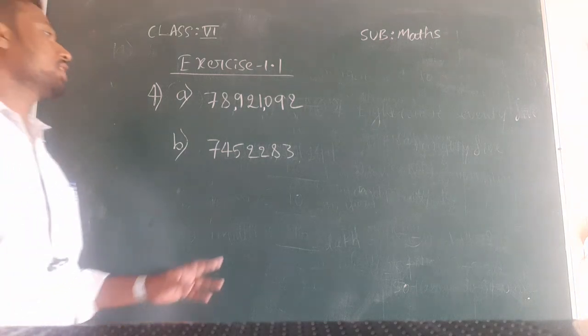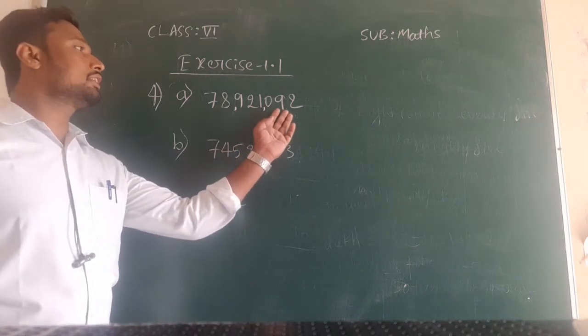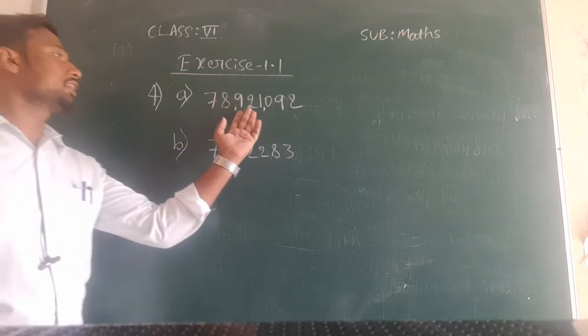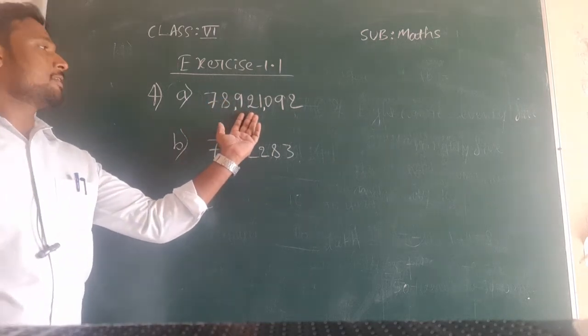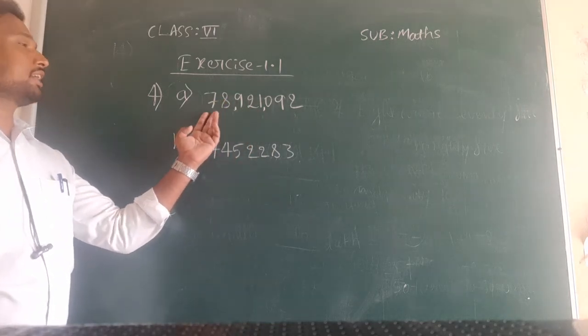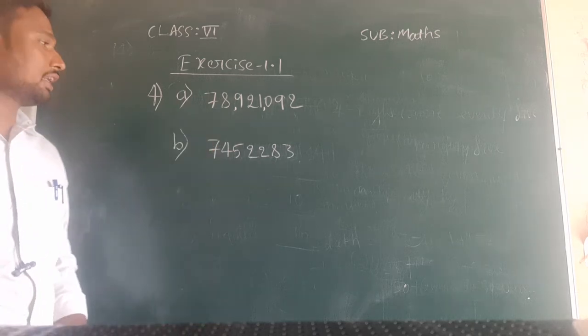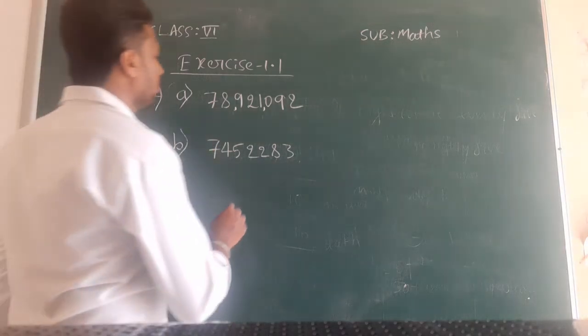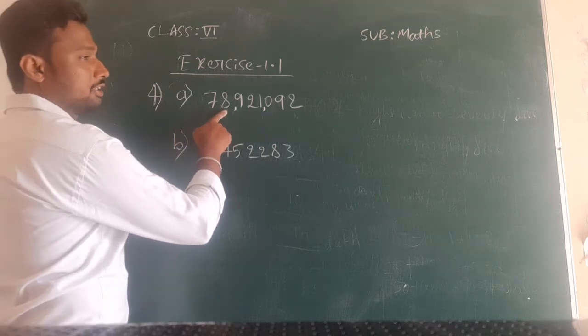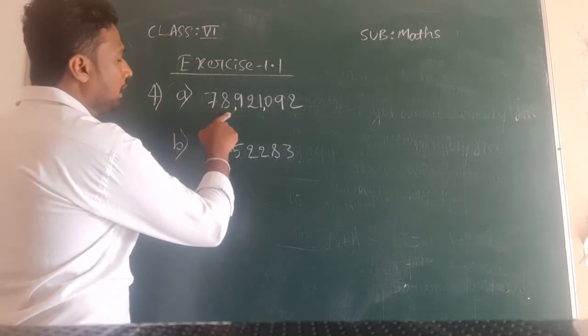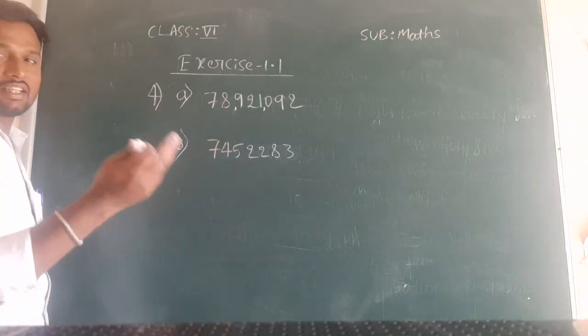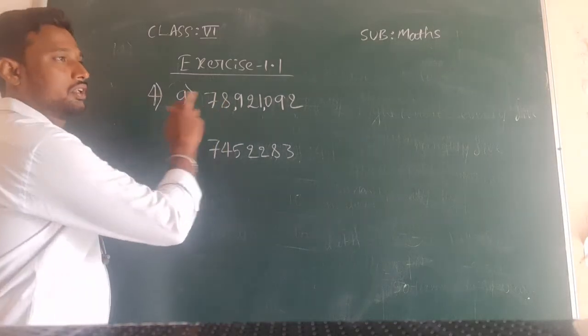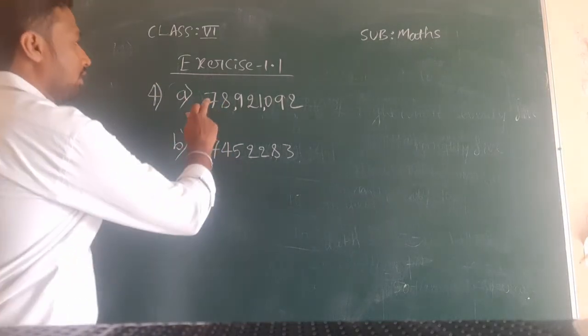Here you can see the first 3 digits indicate the hundreds value, the next 3 digits indicate the thousands value, and the next 3 digits indicate the millions value. Okay, so now how to read this? This is the million value, 78 million.